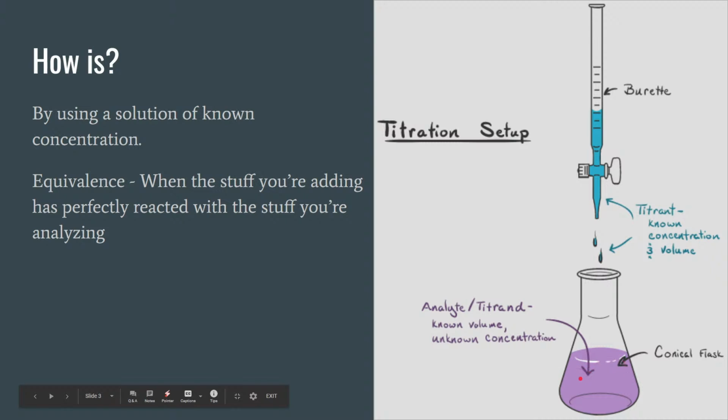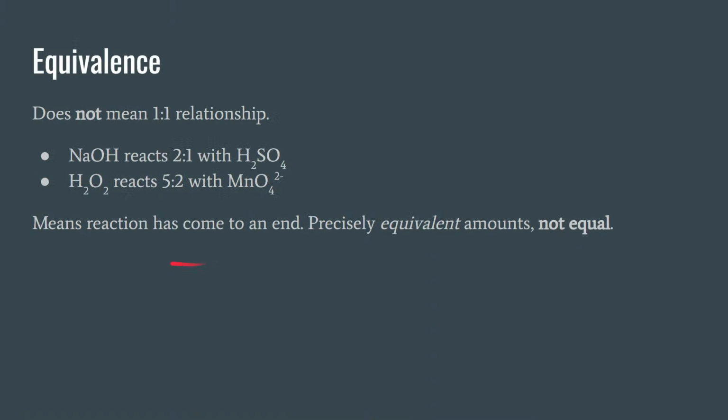You mix them together, and you wait until you've reached what's known as equivalence, when the stuff you're adding has perfectly reacted with the stuff you're analyzing. Now, we call it equivalence because it's not a one-to-one relationship. So it's not equal amounts, it's equivalent amounts. Like in the previous reaction, sodium hydroxide reacts in a 2-to-1 ratio with sulfuric acid.